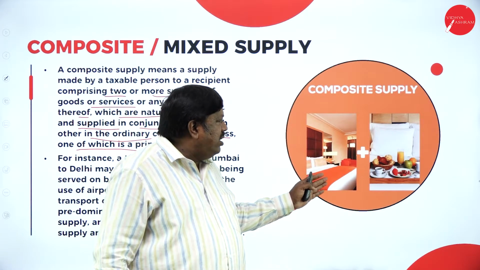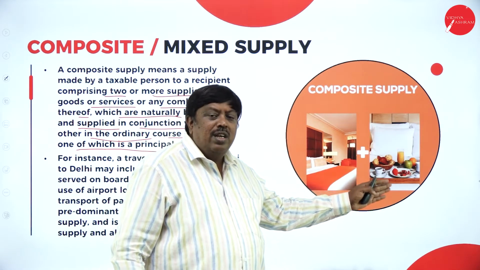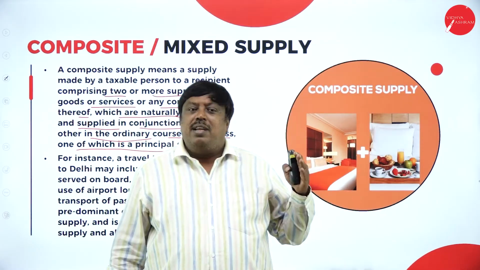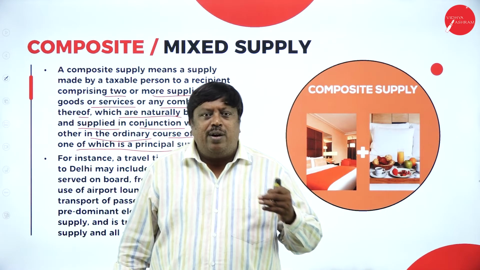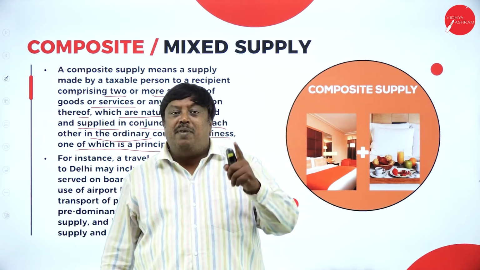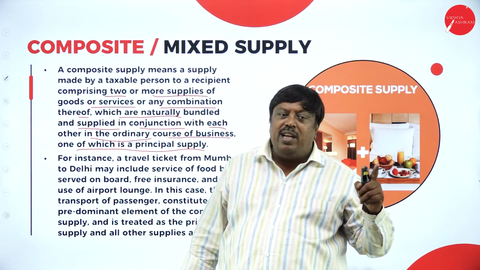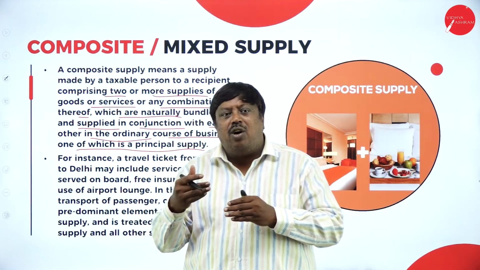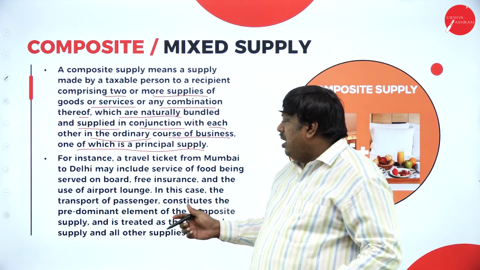So the boarding and lodging includes the food also. Overall amount has been charged here. The principal supply was giving a person a room, accommodation, including food. The main principle is providing accommodation where they included the food also. That is called composite supply.